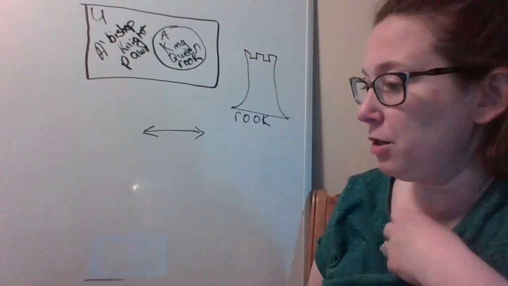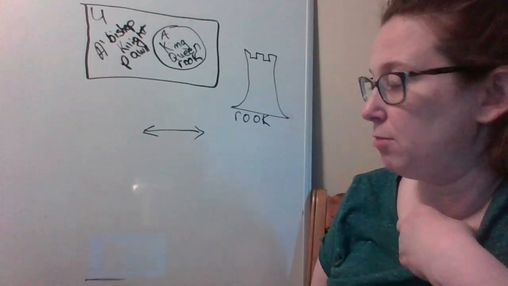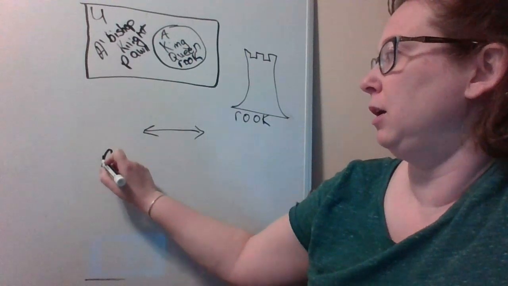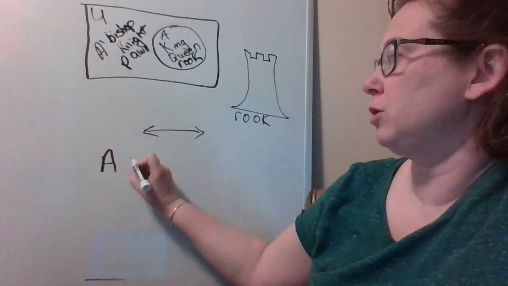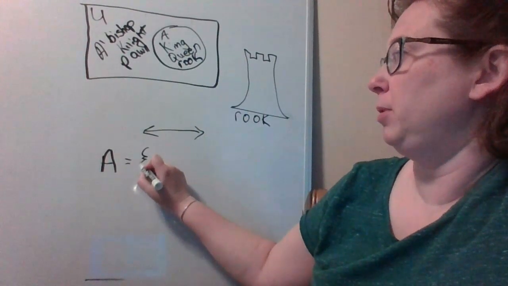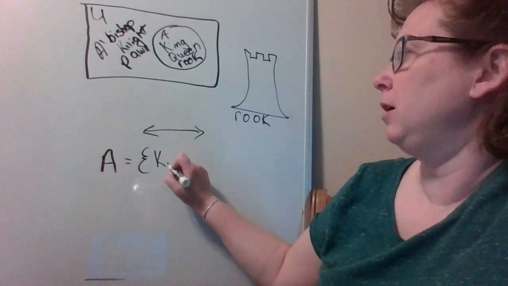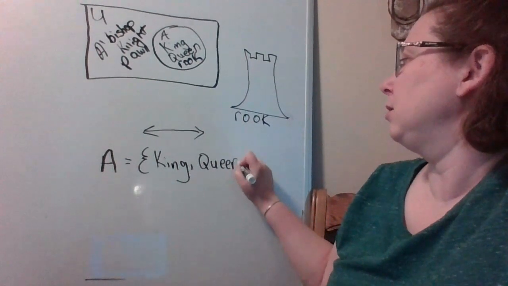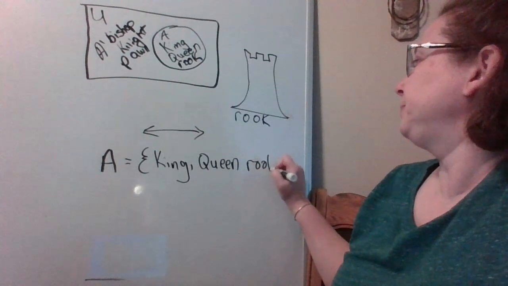Essentially, that's all you're being asked to do here, is to come up with these two lists. So we can now say in roster form that A, the pieces that can move side to side, is king, queen, and rook.